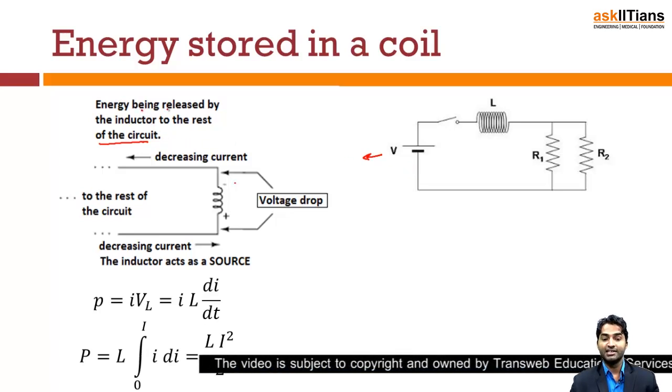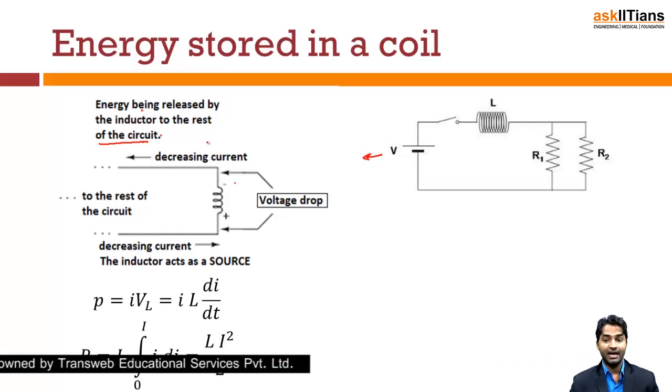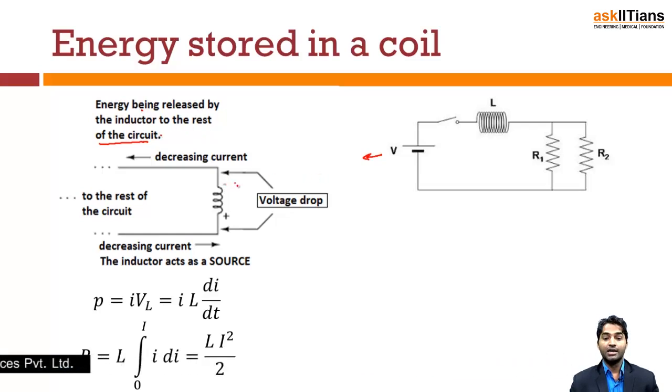Now we will discuss energy being released by the inductor to the rest of the circuit having resistances R1 and R2. The point is, what is the voltage drop across the coil? We know that power can be expressed in terms of voltage and current as P equal to V into I. But the question is what the potential drop is when there is growth of current and decay of current in the case of transient current.